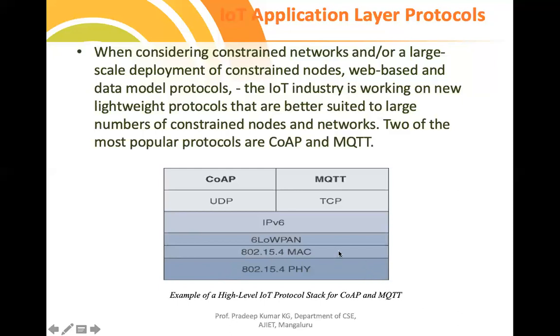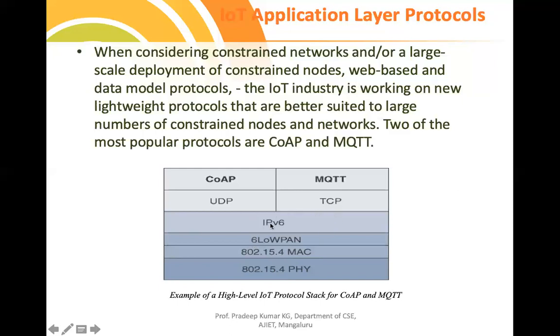Coming to MAC, the data is transmitted over the media access control layer using 802.15.4 as a standard. From there we have low power consumption with the wireless personal area network, our own network, adopted under IPv6.